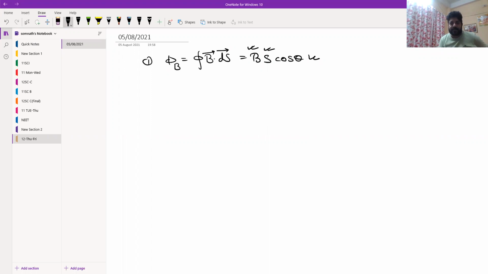This is the first one. Number two, by using Faraday's law and Lenz's law, we know induced EMF is minus d phi by dt. And the third one, by using motional EMF, we know EMF is BLV. And if it is moving with some angular velocity, the induced EMF is half B omega L square.